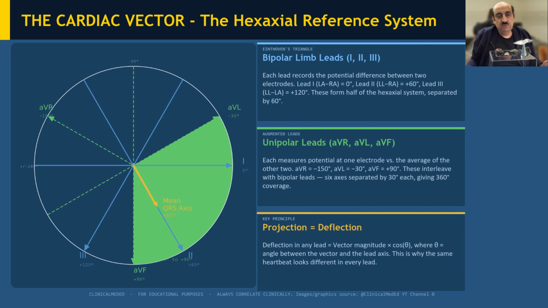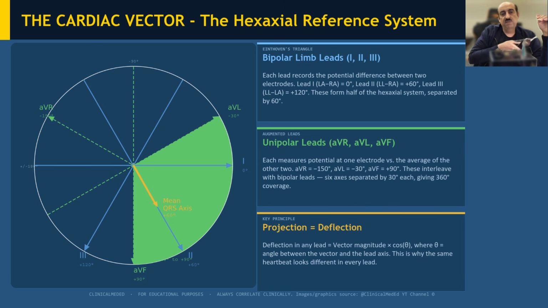In terms of the unipolar leads, AVR sits at the right shoulder, which is minus 150. AVL sits at the left shoulder, and that is minus 30 degrees, while AVF is straight down, which is 90 degrees. There is a difference of 30 degrees between the unipolar leads and the limb leads. For example, AVL is minus 30 and lead 1 is 0, so that's a 30 degree difference.